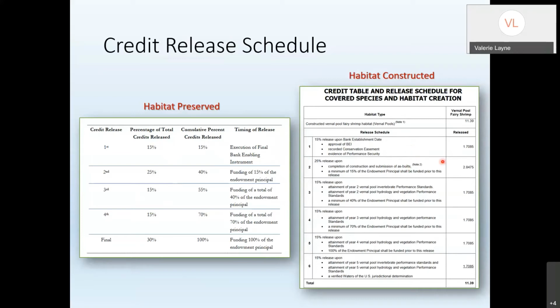And then in release 3, you finally get to the ecological performance standards, where they have to meet the year 2 standard for vertebrates and invertebrates and the year 2 standard for hydrology and vegetation. And these are all explained in the instrument, or they should be very well described in the instrument, so they're very clear and everyone understands what the requirements are.